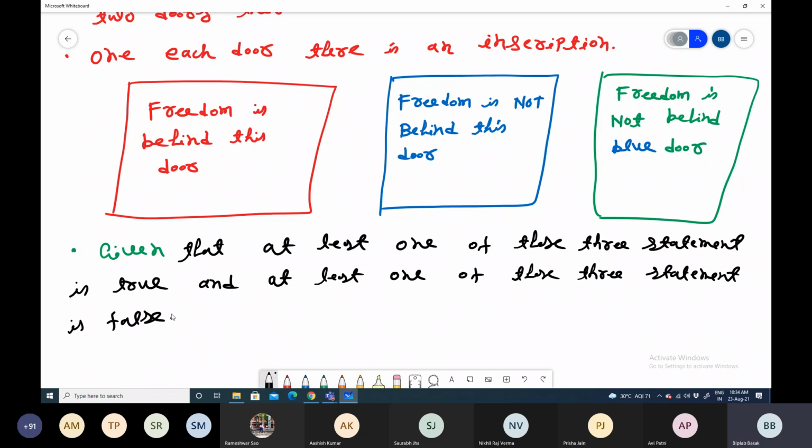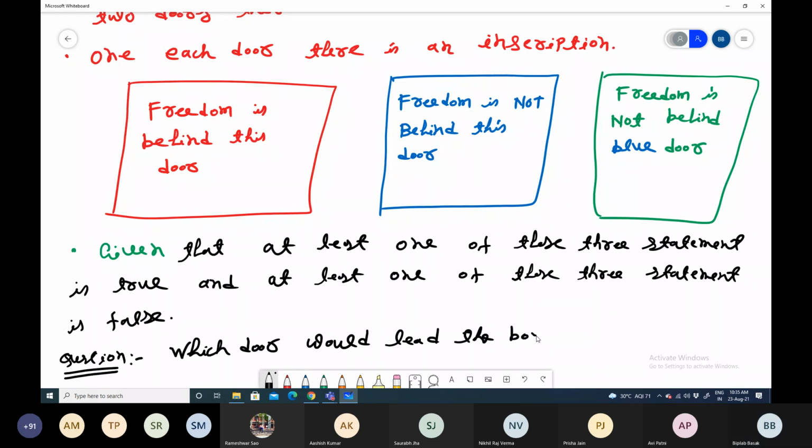Okay. Then the question is, which door would lead the boy to safety? That means which is the door of freedom. Okay. So this is the question.